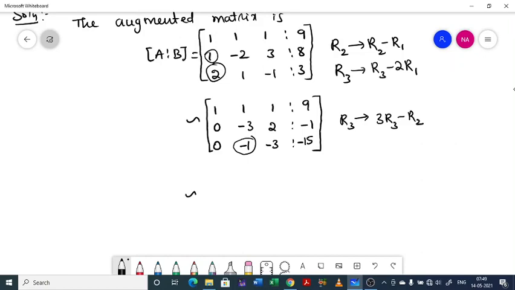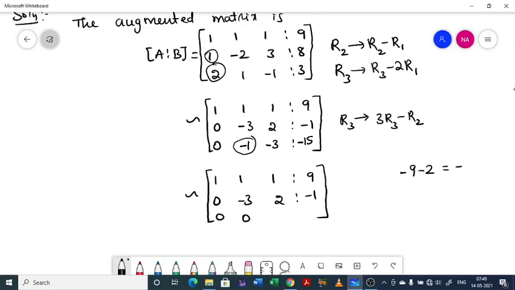So this will be equivalent to, first two rows no change, 1 1 1 colon 9, 0 minus 3 2 colon minus 1, 0, it will be multiplying 3, minus of minus 3, so minus 3 plus 3 we get 0, minus 3 into 3, so minus 9, minus 2.